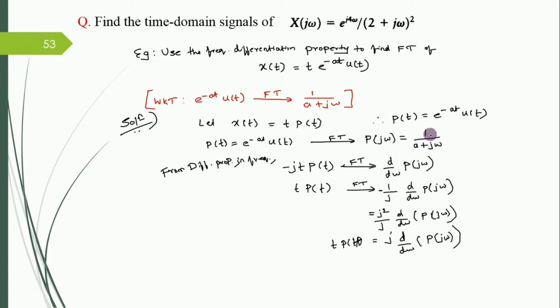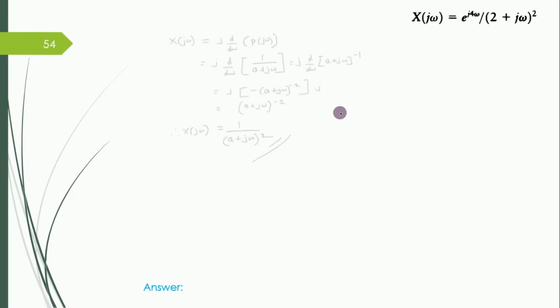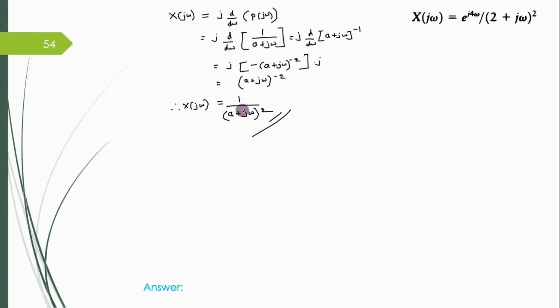Hence the Fourier transform of p of t is 1 by a plus j omega. Now using the differentiation property, we could write minus j t p of t, minus j we took to the other side, as the differentiation in the frequency domain of the Fourier transform of p, and we could solve it as 1 by a plus j omega whole square. This is an FT pair when your time domain signal is t into e raised to minus at into u of t.